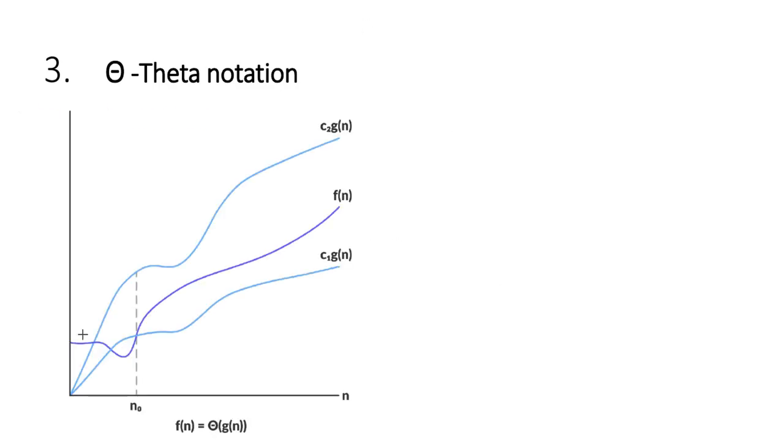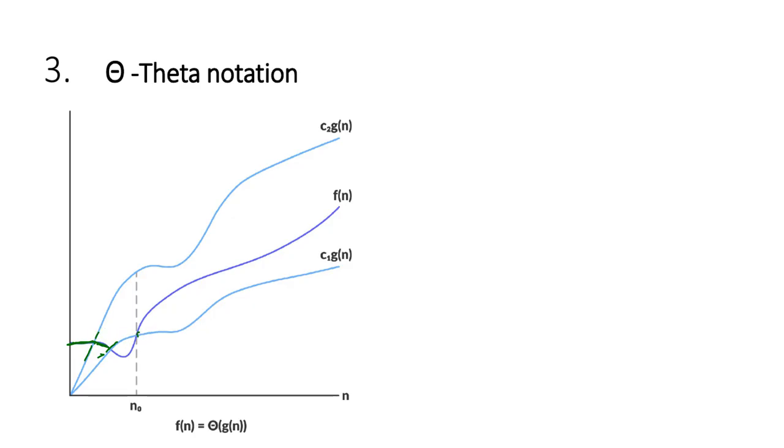Now in theta notation, you can see here till n0, till this point, f of n is faster than c1 g of n and c2 g of n. But between these two points, f of n is greater than c1 g of n and less than c2 g of n.